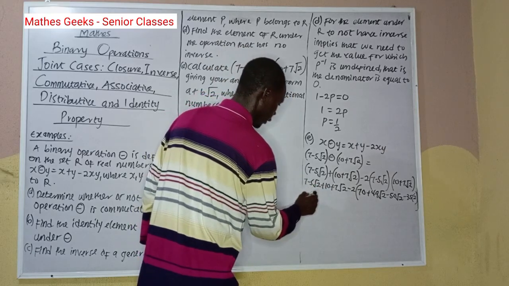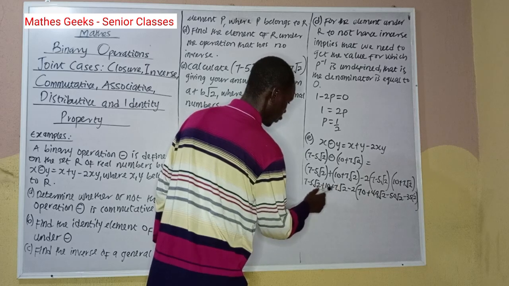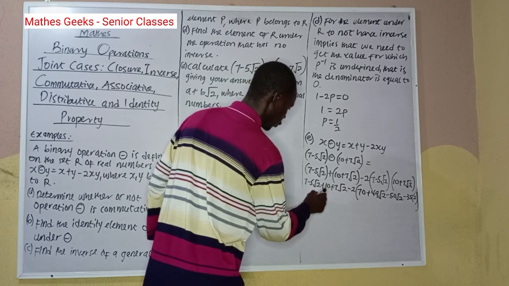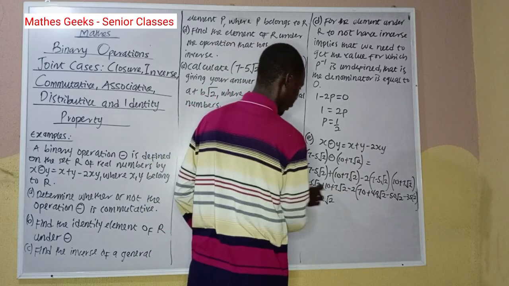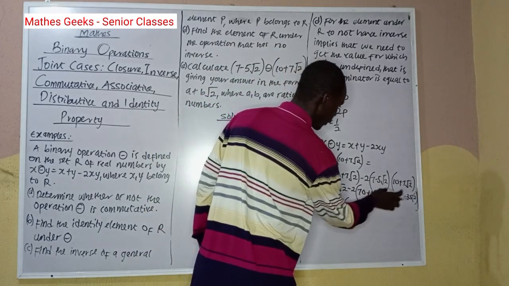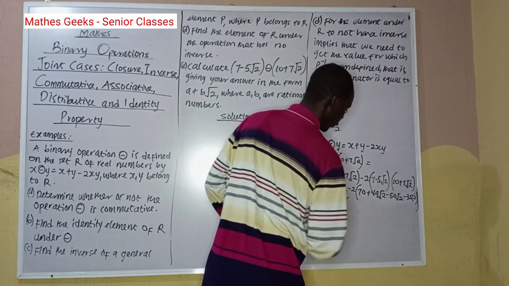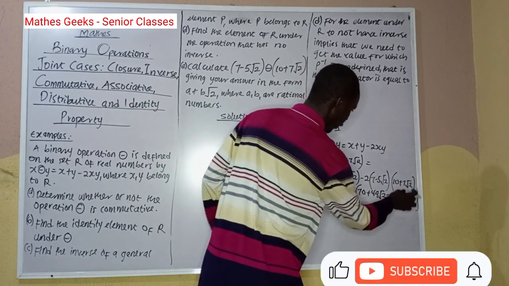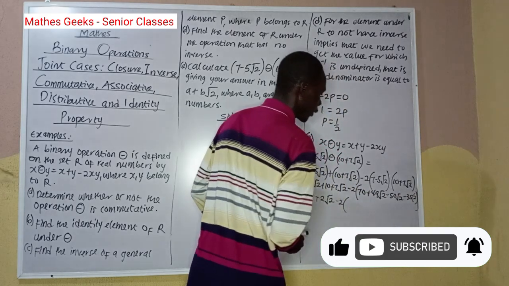So here 7 plus 10 is 17, minus 5 root 2 plus 7 root 2 will give us plus 2 root 2. So we are done with this part, minus 2. Let's simplify here. 70. Now here we have 49 root 2 minus 50 root 2, that's minus root 2. Minus 35 times 2 gives minus 70. So plus 70 minus 70 will cancel out.